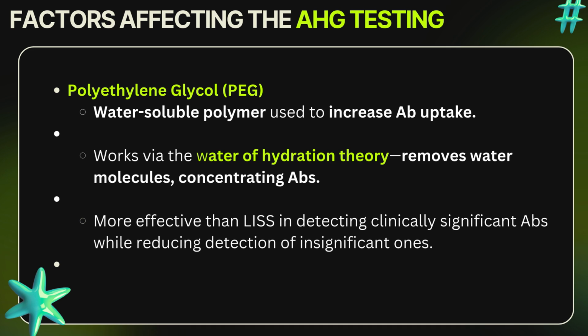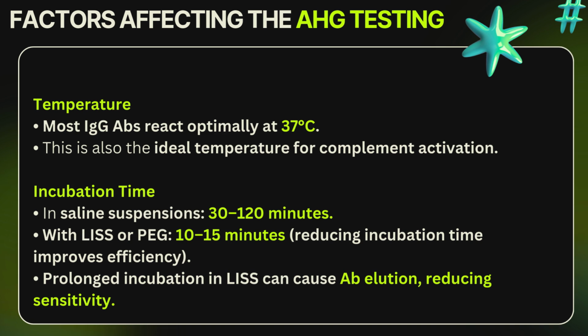So let's move on to discuss how temperature and incubation time can further influence AHG testing. So for the temperature, most IgG antibodies react optimally at 37 degrees Celsius. This temperature is not only crucial for antibody reactions, but also ideal for complement activation, which is a key part of the immune response.